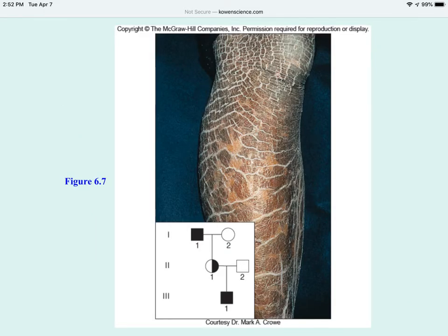So here you have a picture of what ichthyosis looks like, and then you can just see a pedigree of how it's being passed from the mother down to the son. The son gets the X chromosome, they're going to have the condition. The daughter's a carrier, but the only way the daughter would have the condition would be if the mother here had the condition as well.